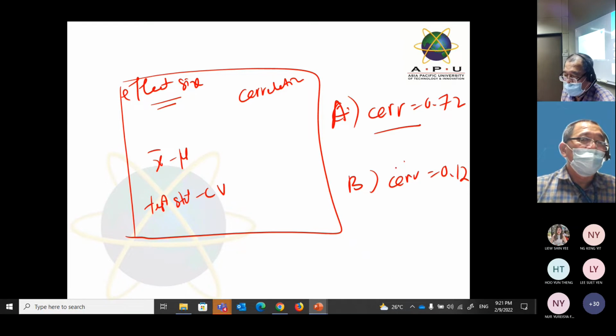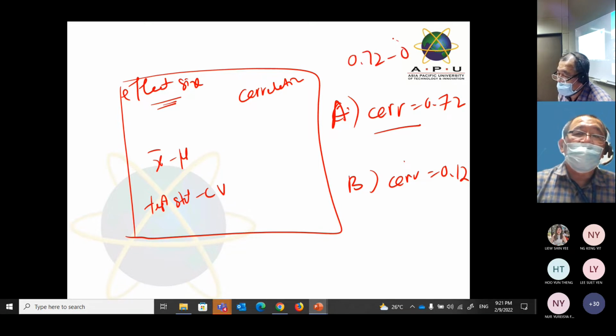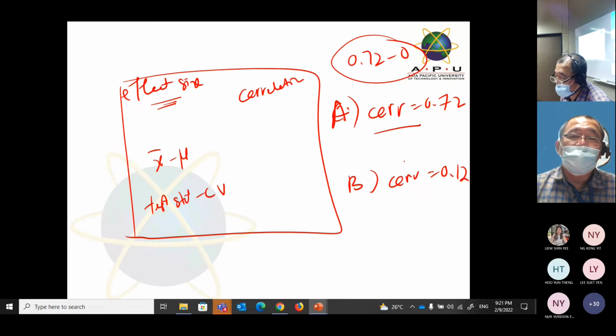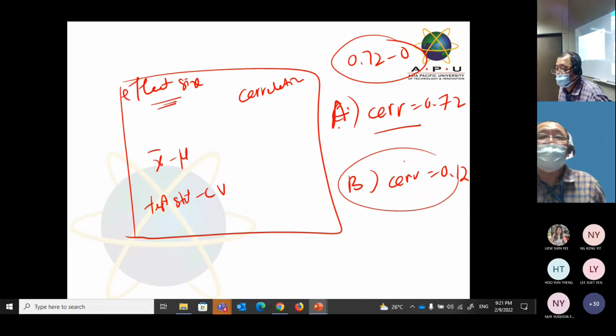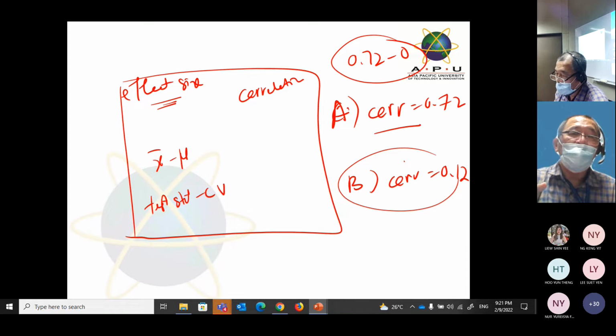Therefore, this is also effect size: you take this number and minus 0, and the difference is higher compared to this. Therefore, the power is higher in case A compared to case B.